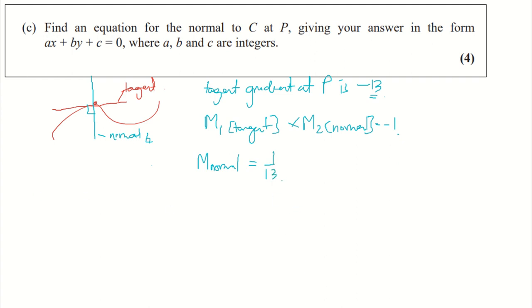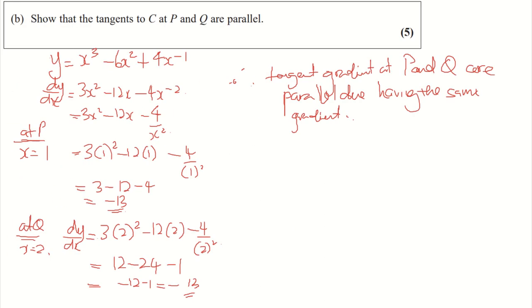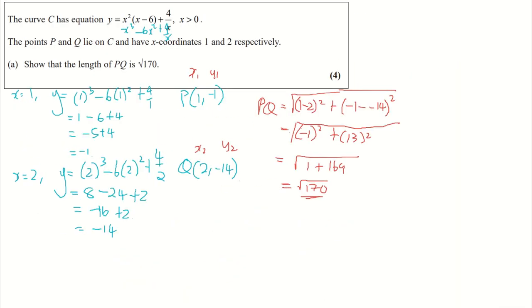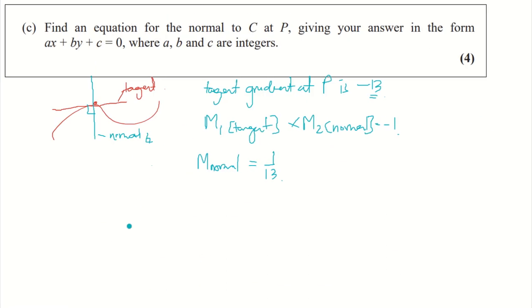And what is the coordinate at P? We have the coordinate P (1, minus 1). Now we can form the equation, with m equals 1 over 13.